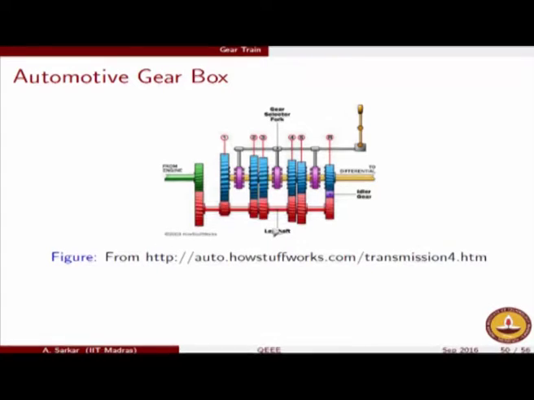This shaft is called the lay shaft. Okay, so this is a typical reverted gear train arrangement in which the input and the output, the yellow shaft, are coaxial, or the shaft centers are basically superimposed.